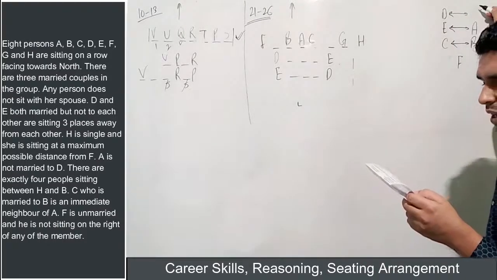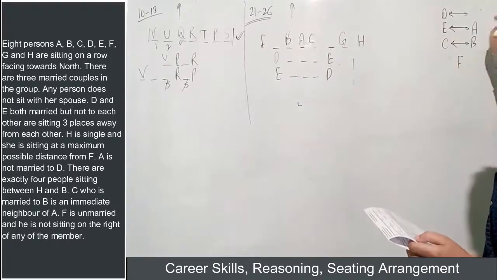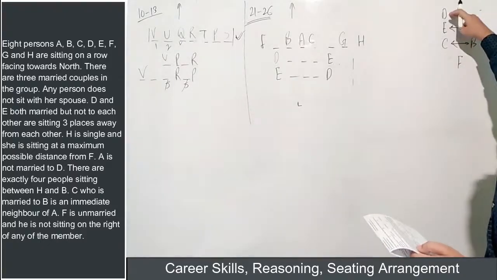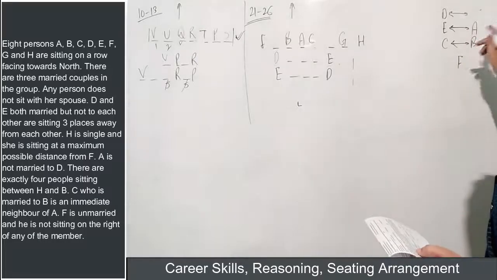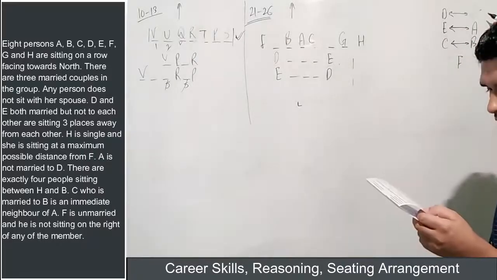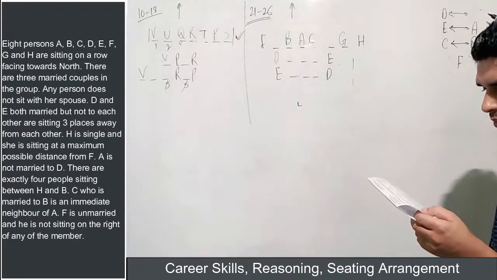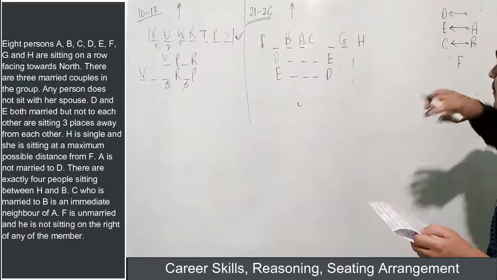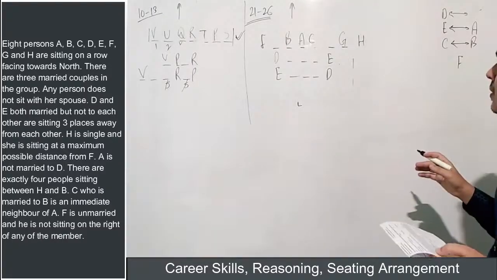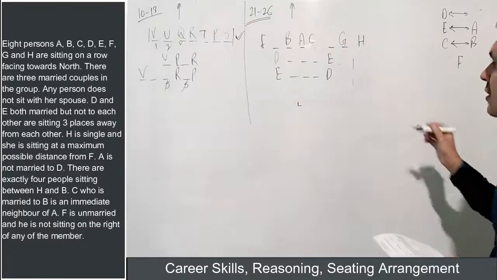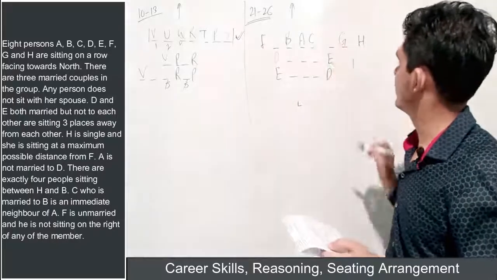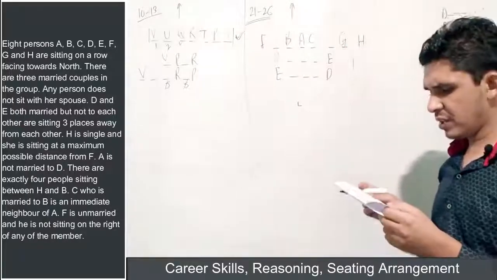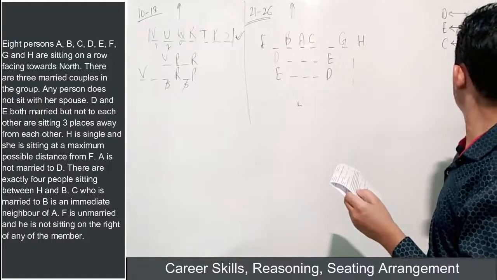And three married couples, A, B, C, D, E. Okay, any other single member here? F is unmarried. Okay, so F can be at any place. F is there. What will be the position? H is single.